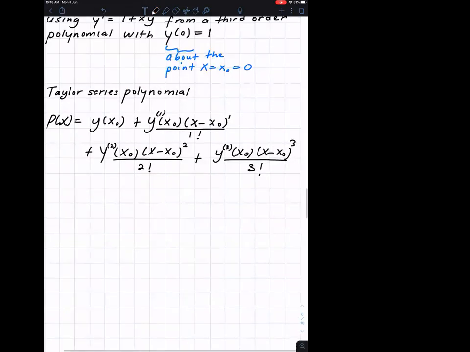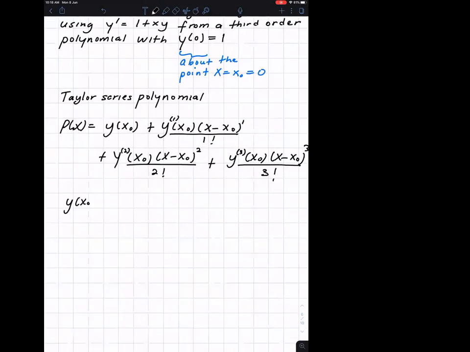Now we are already given that y(x naught) is y naught, y subscript naught equals 1. This is already given to you.